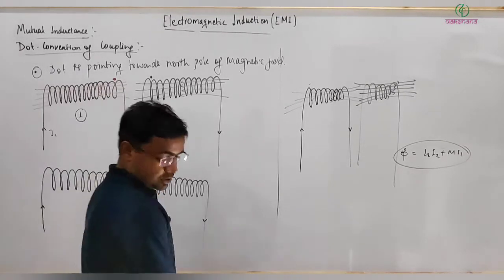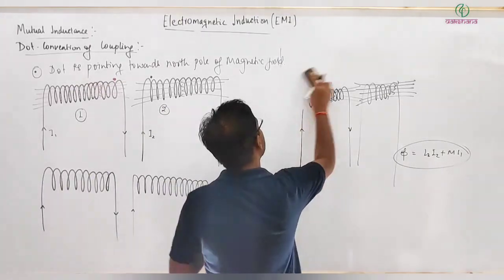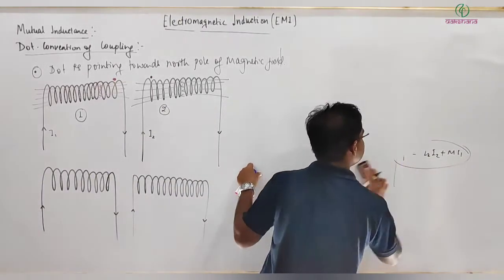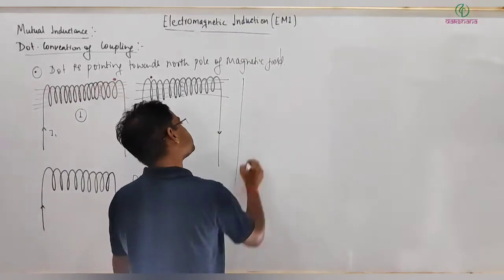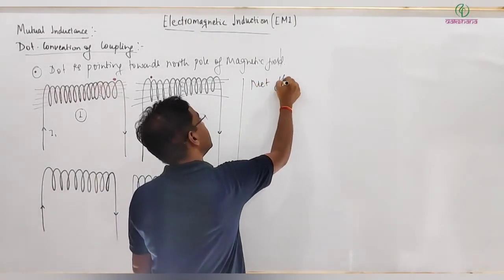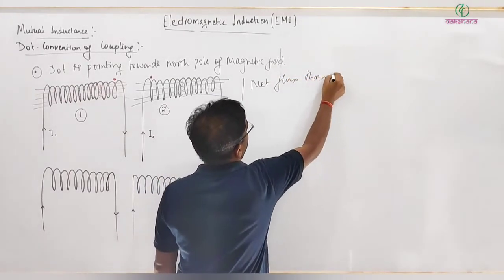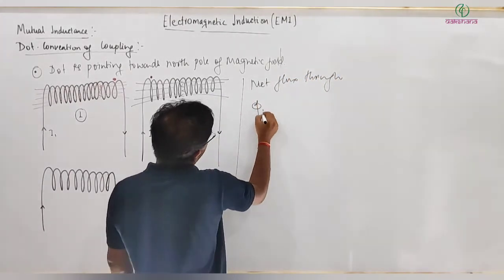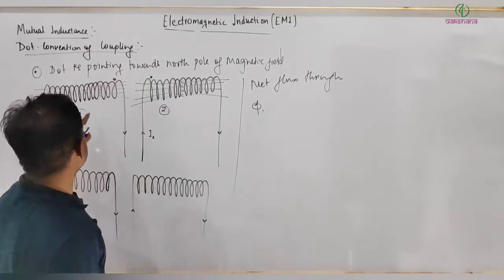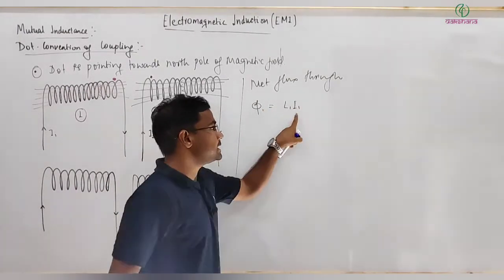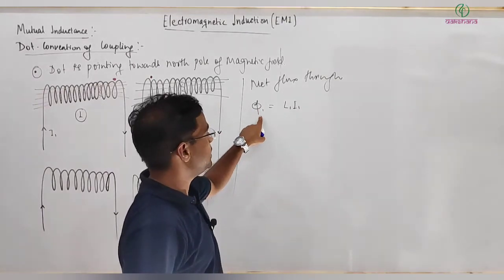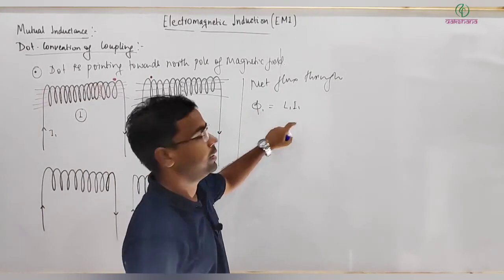So the net flux through coil 1 or through coil 2, I can write very easily. See how. The net flux through coil 1, phi 1, will be equal to L1 into I1. This is the flux through coil 1 due to current in itself.